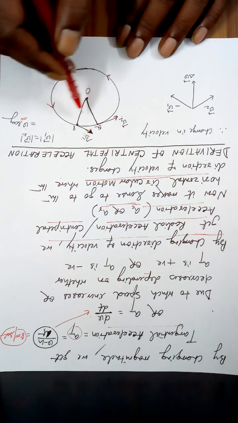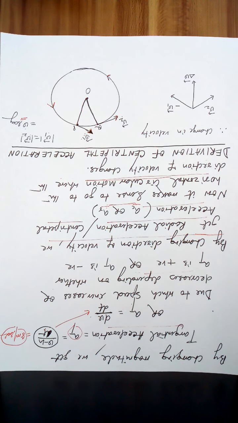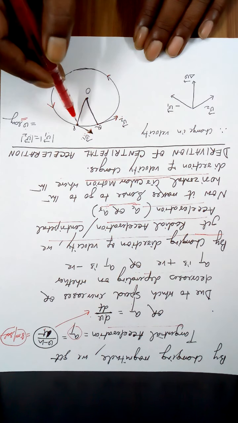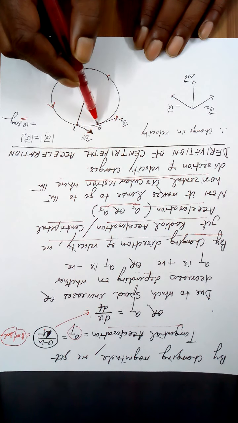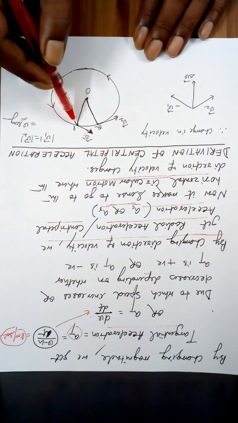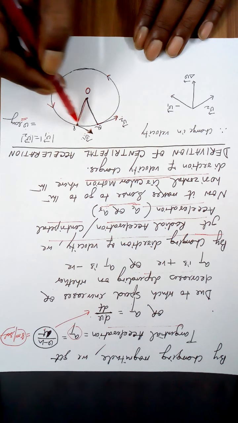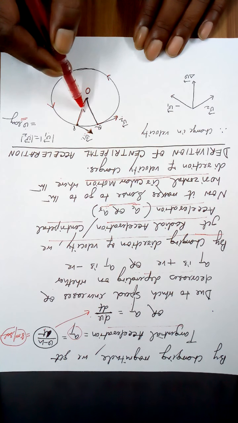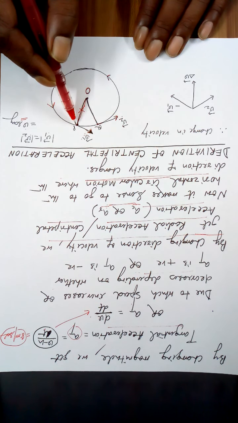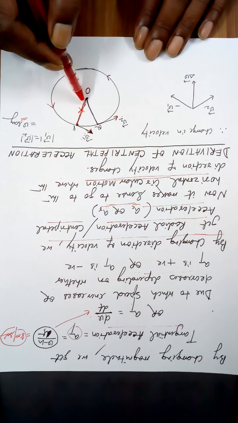So here what is changing is the direction. Now how do you say the velocity is to this side? How do you say here the velocity is to this side? Suppose this is a string you are holding from here, and the object is moving at a constant speed. Suppose the string breaks here, when the particle is at this position.